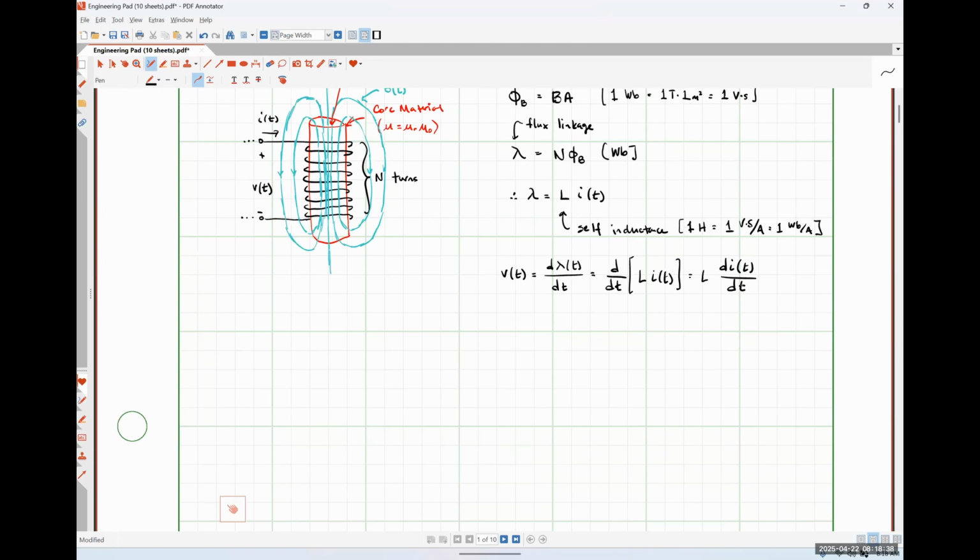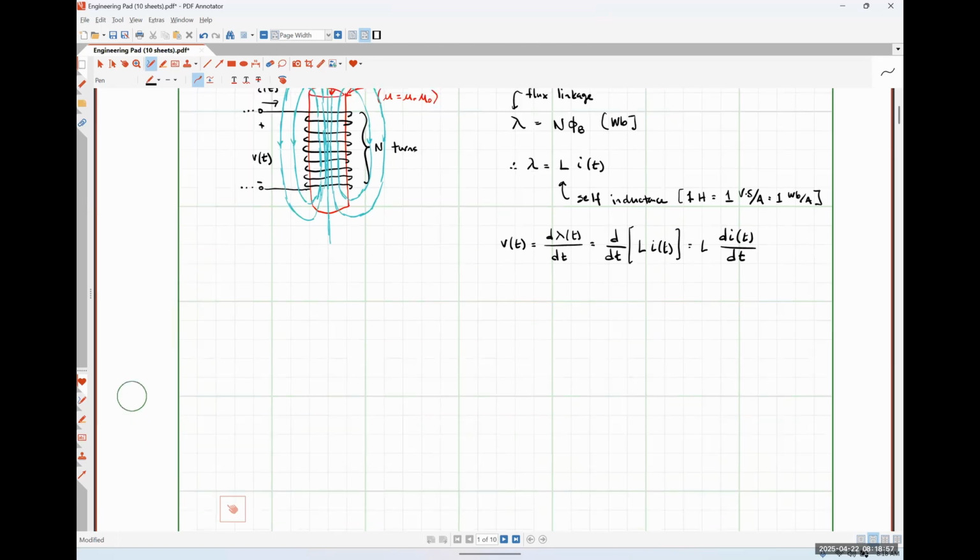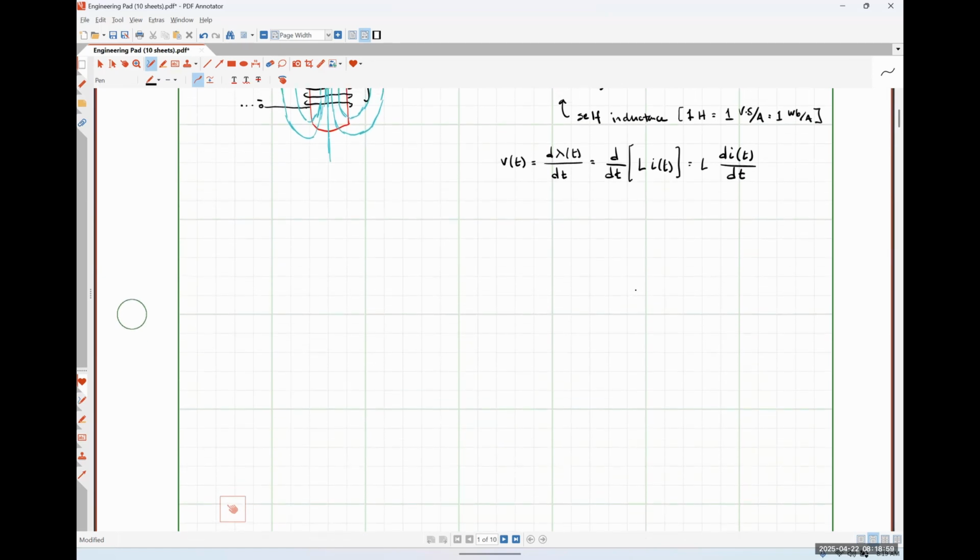So what happens if I bring a second coil of wire close to a current carrying coil, okay? This is what we're going to see is called mutual inductance. So I'm going to try to draw a simplistic picture here. On the left-hand side, I'm going to have a simple circuit.